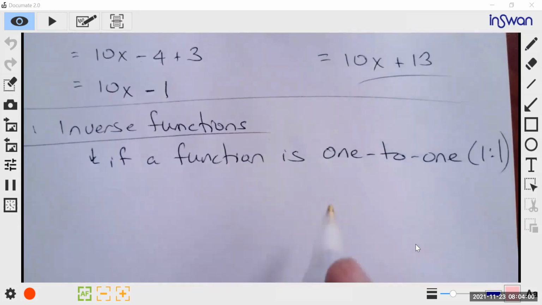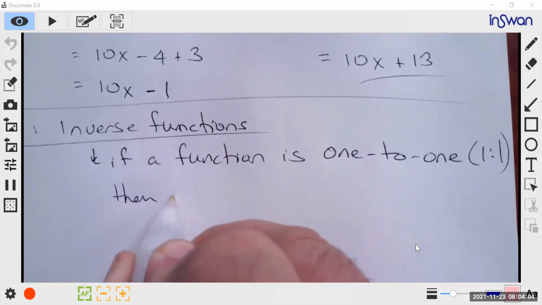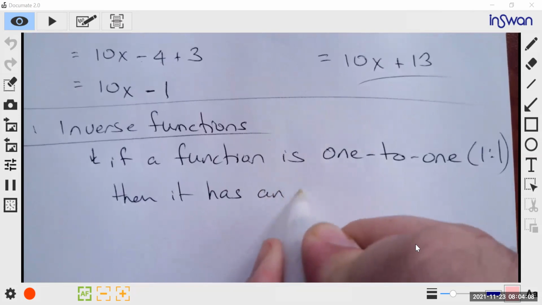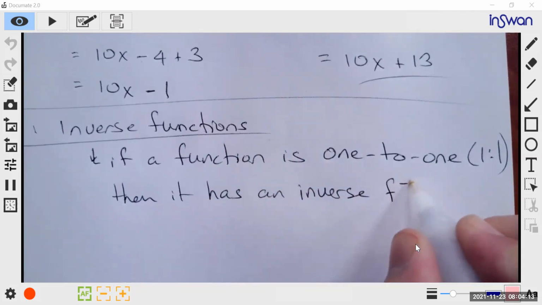If a function is 1 to 1, then it has an inverse. And the inverse functions are noted by that negative 1.